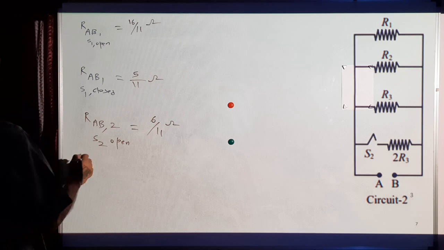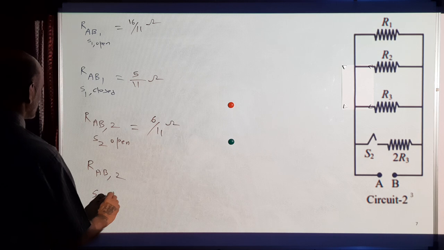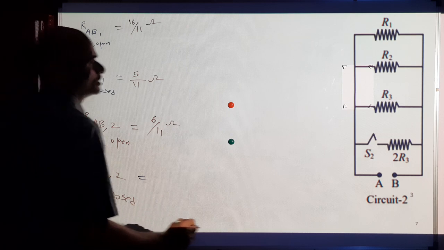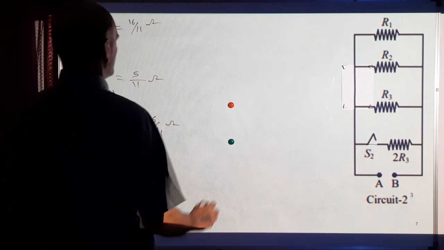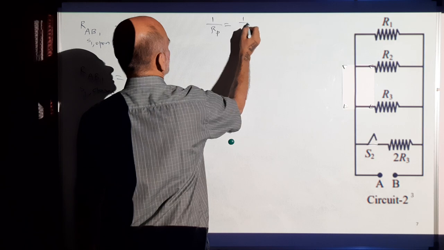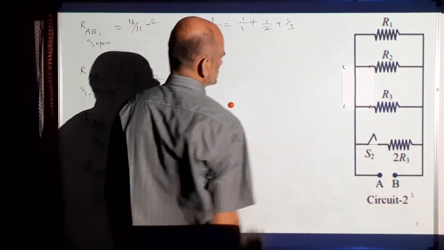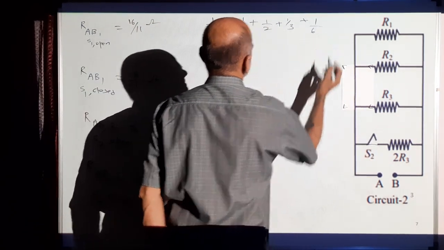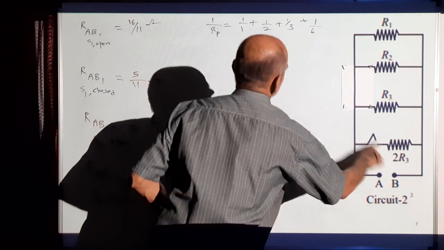So resistance across AB in the second circuit when S2 is closed. When S2 is closed, now we have 4 resistances in parallel. So the total resistance when the switch is closed is 1 by R1 plus 1 by R2, R2 is 2, plus 1 by R3, R3 is 3 ohms, plus 1 by 2 R3, which is 1 by 6, since 3 into 2 is 6 ohms.